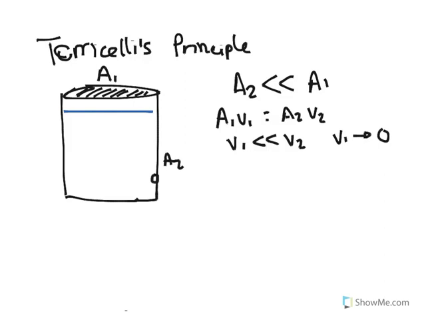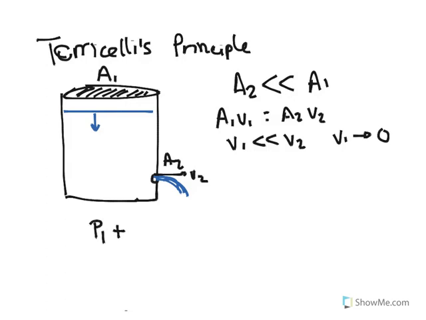Then of course the fluid will start to drop. The level of water will start to decrease at point 1, but the velocity is very slow compared to the velocity at point 2. So you can actually calculate this velocity using Bernoulli's equation.